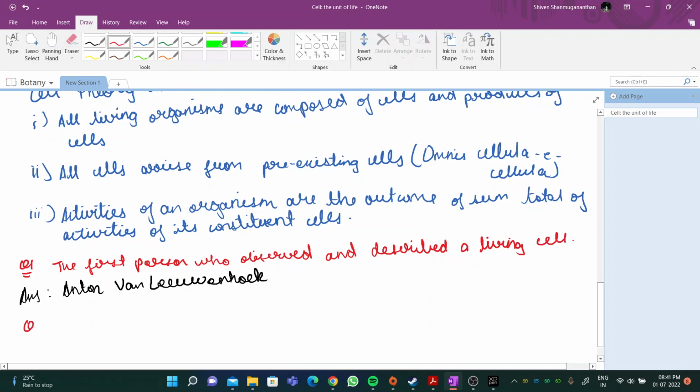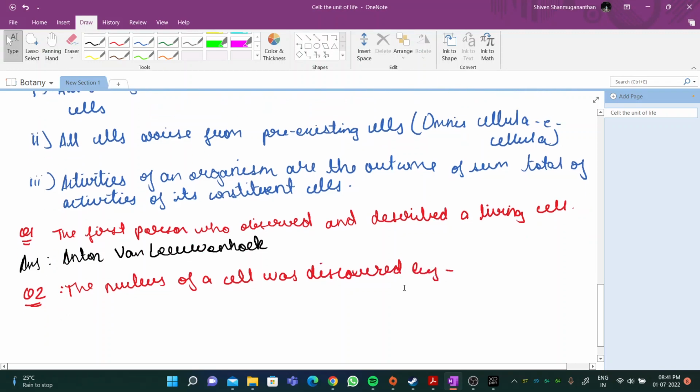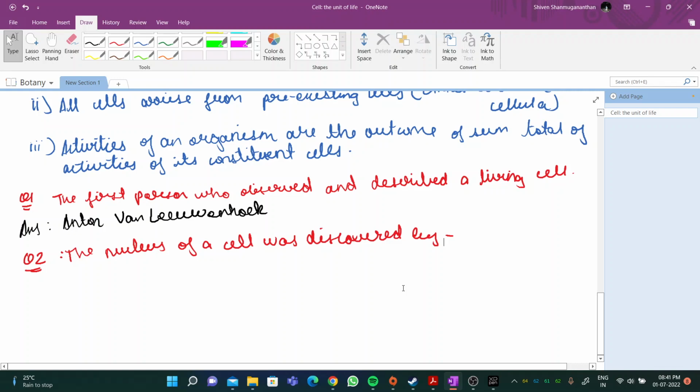Now, question number two. The nucleus of a cell was discovered by. Now, this is again really simple. Let's just do a quick revision of the three scientists we read about. First, we had Robert Hooke, who just discovered a dead cell.